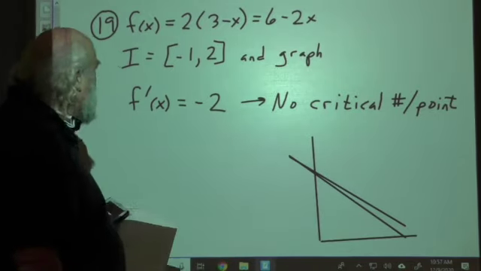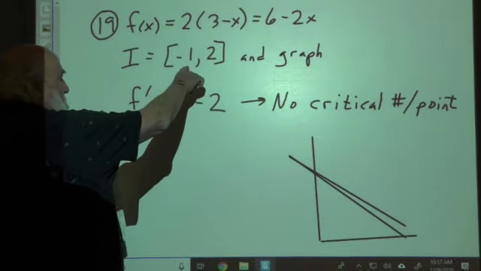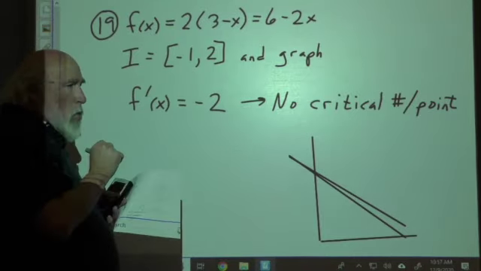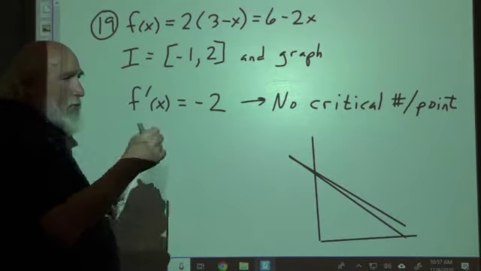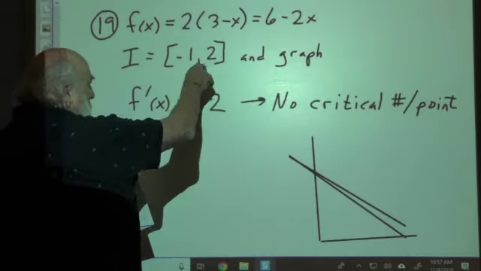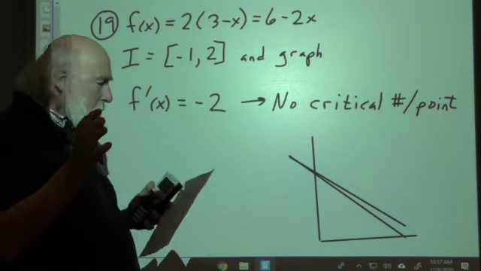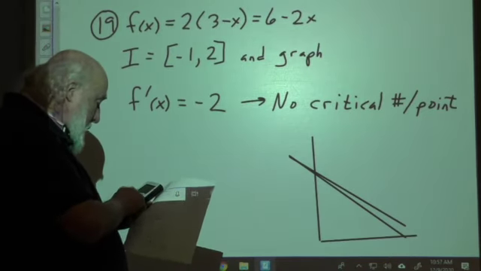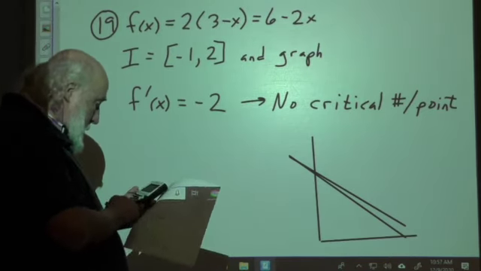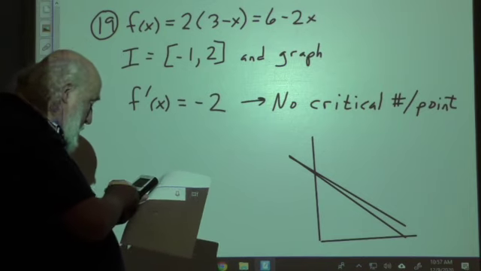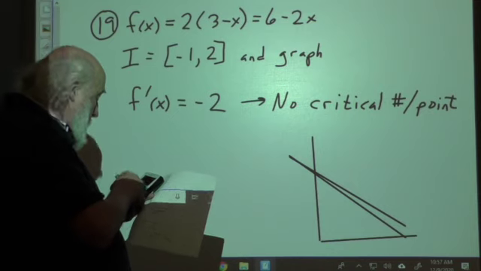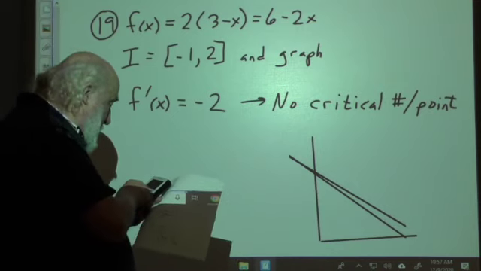And then I want you to change the x minimum on your window, so go to window on that, and put -1 for your x minimum and +2 for your x maximum. You don't need to change anything else. And then hit enter.